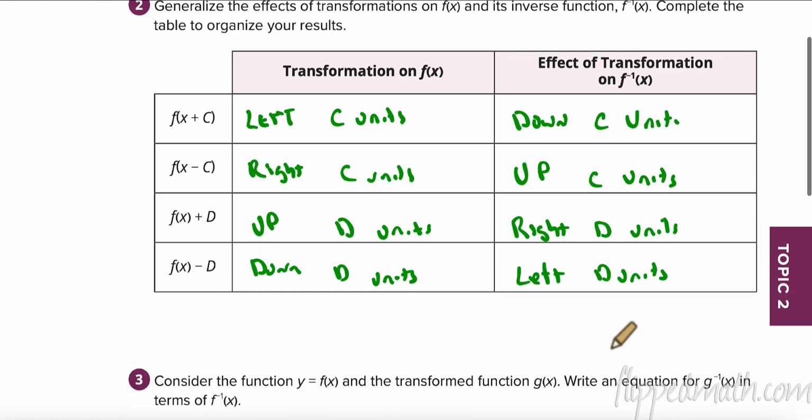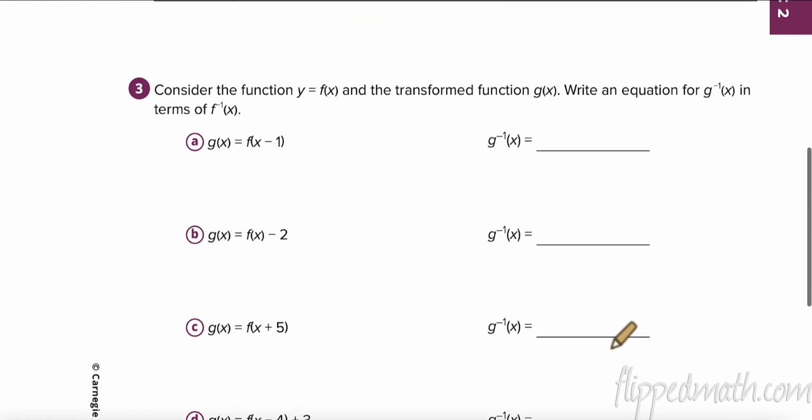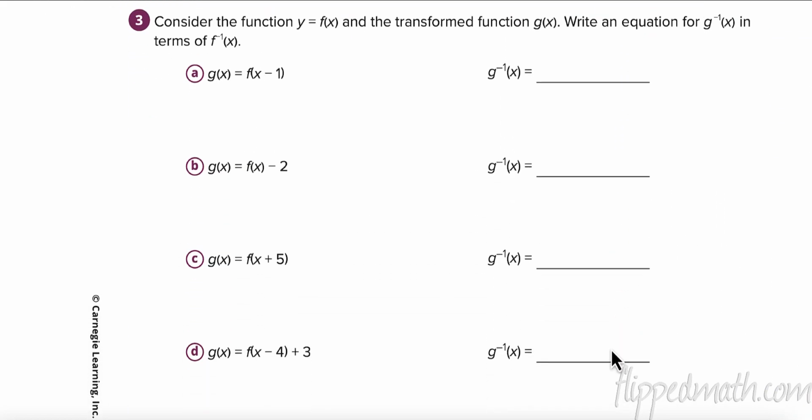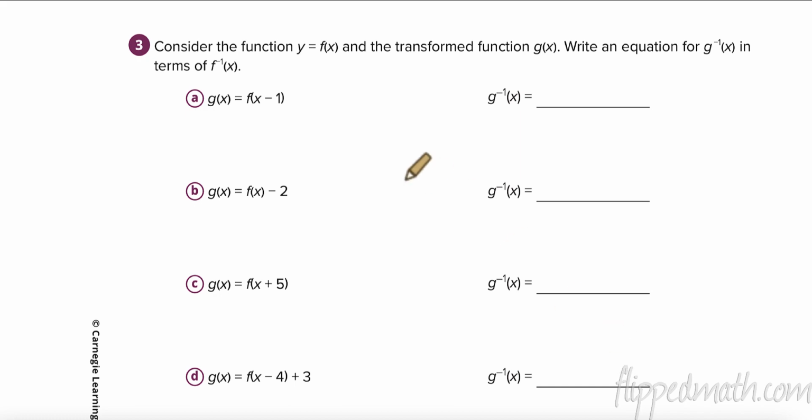All right? So I want you to do 3. I'll do one with you. Consider the original function. Write an equation for the inverse. All right, so let's do that. Let's try that one. So originally it's going to go right 1. So that means our inverse has to go up 1, right?